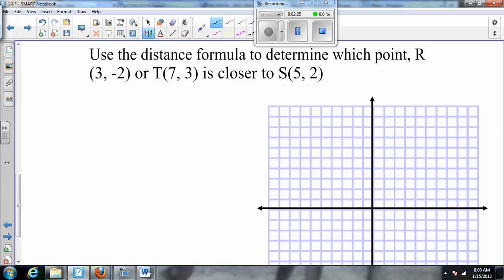So if we have 3 points in our coordinate plane, our first point is R at 3, -2, T at 7, 3, and S at 5, 2.